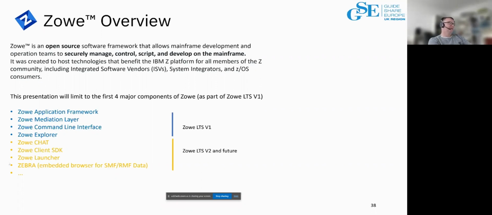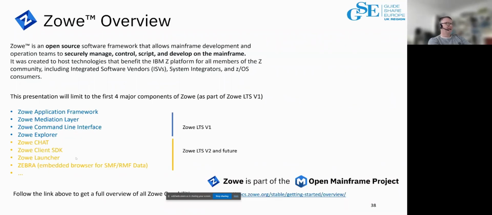And for the rest, if you're interested, I have to point you to the Zoe documentation to see what those incubators can do for you. As said, Zoe is part of the Open Mainframe project, and thus it's not part of IBM. IBM plays a big role and contributes lots of code into the Zoe project, but it's open source.